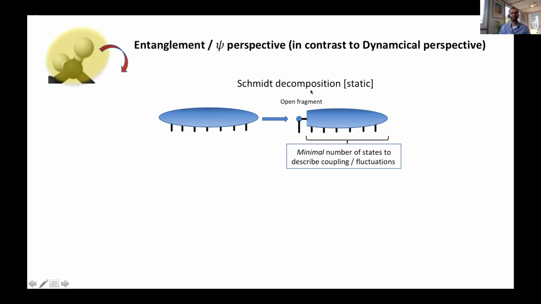Schmidt decompositions are nothing other than a theoretical tool to take a wave function and calculate exactly what these states in the environment need to be to describe these quantum fluctuations. They calculate the minimal number of states in the environment that you need to couple an arbitrary fragment to in order to describe these long-range fluctuations.